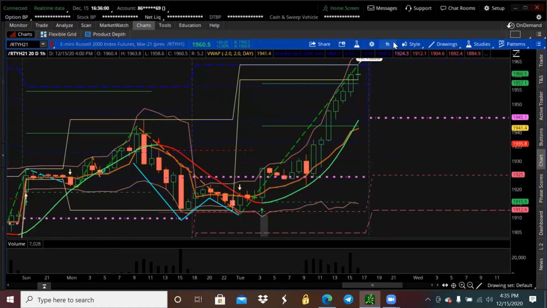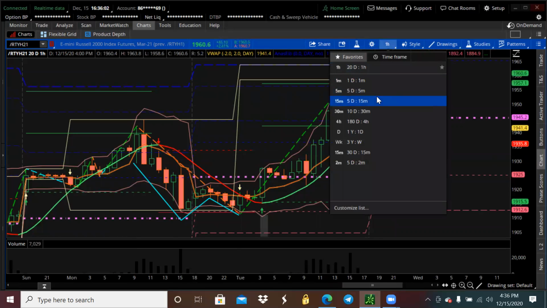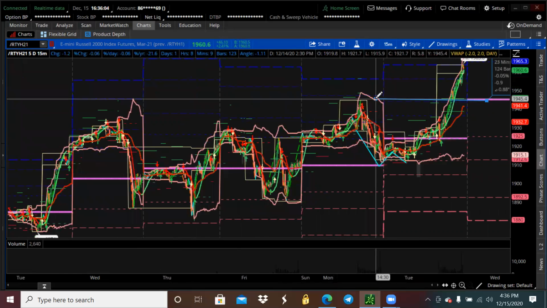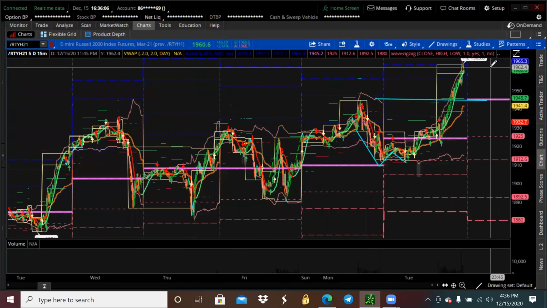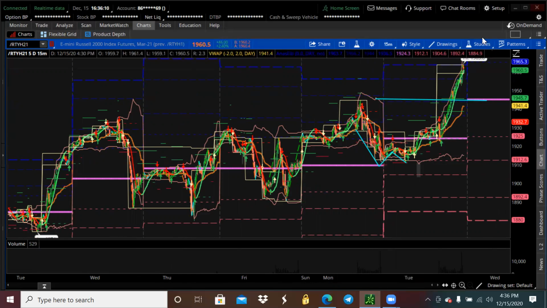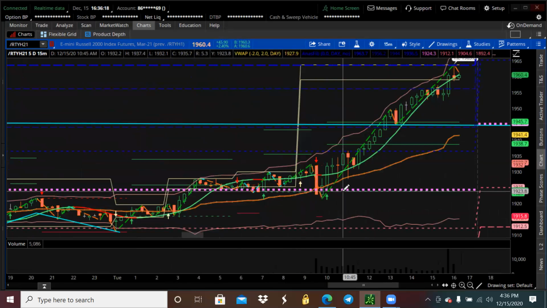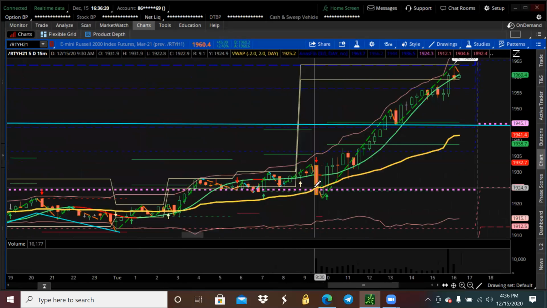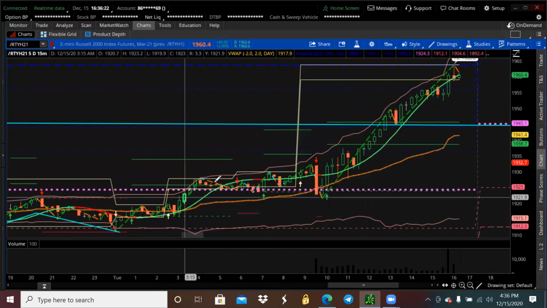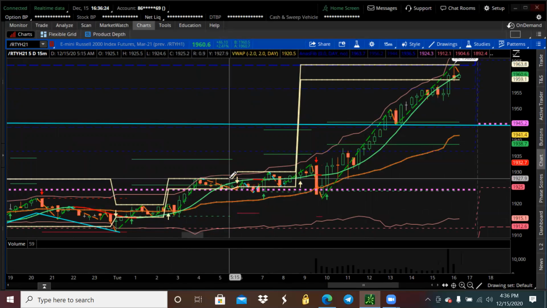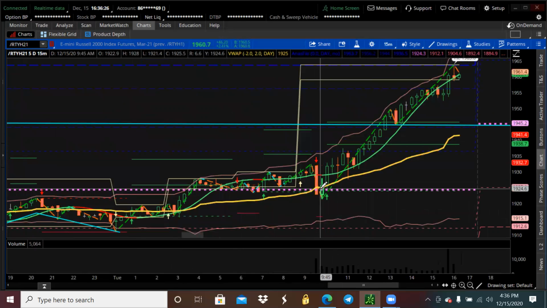So looking at 15 minutes, I know that we didn't do the long side in RTY, but if you are trading it by itself, once we cross over here on the 32 HMA and then we go back to BWAP, that is your pullback.